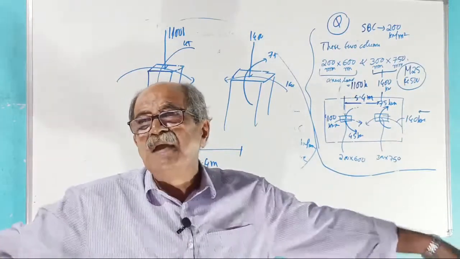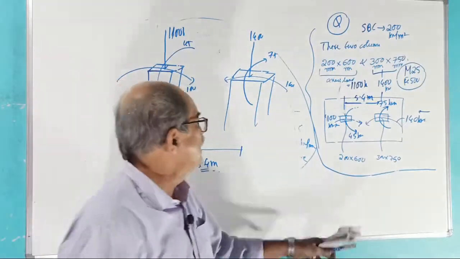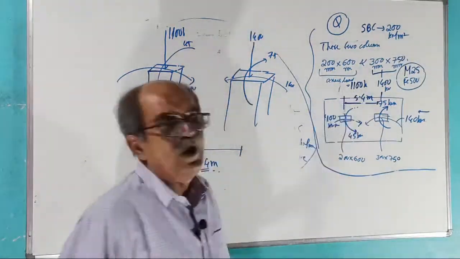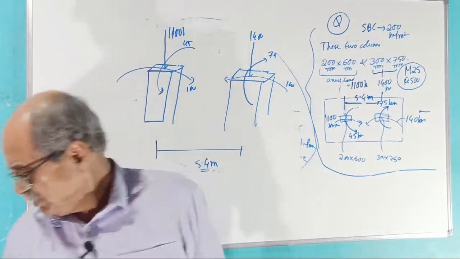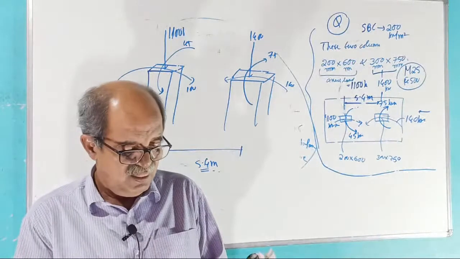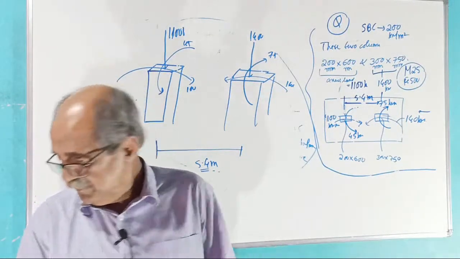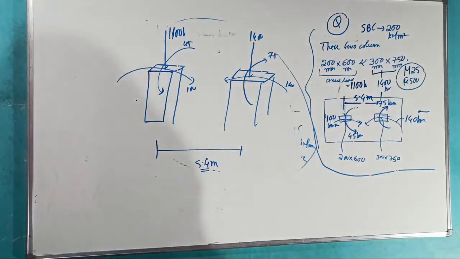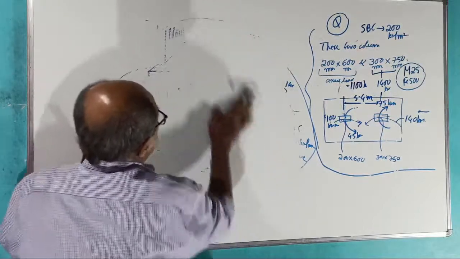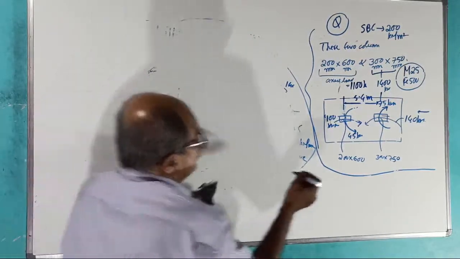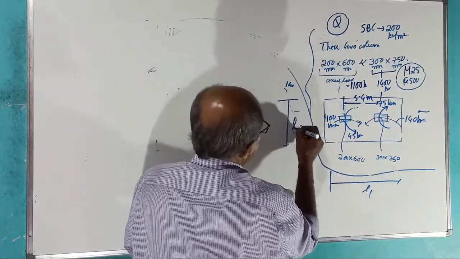As the spacing becomes more and more, column load will become more, that is all. Okay. Now question given, spacing is 5.4 meter. Clear now? Okay, now start the design. First, this is your L1, this is your L2. Make a note.